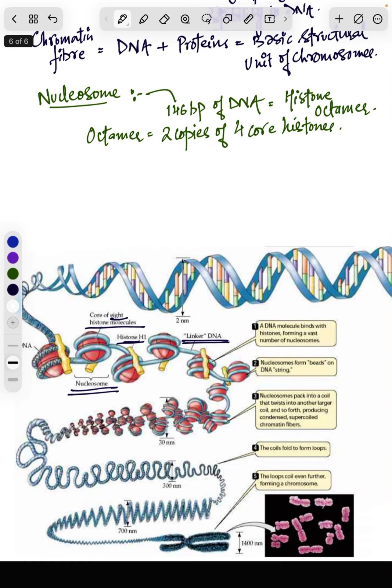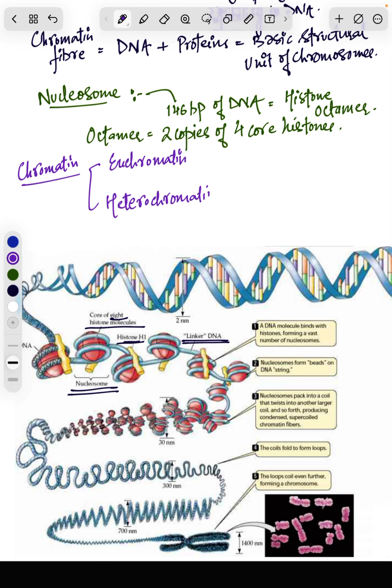So when we study chromatin, it is of two types: euchromatin, the true chromatin, and heterochromatin. The middle one, which is lightly staining, is euchromatin because it is not present in a compact state, and heterochromatin on the peripheral side is densely staining.